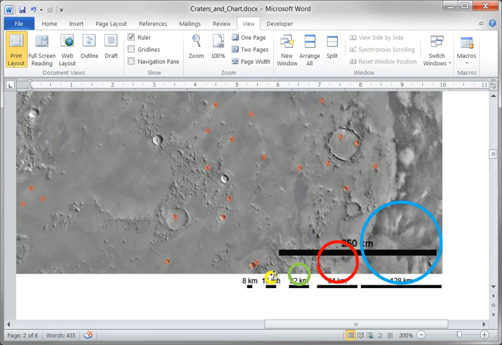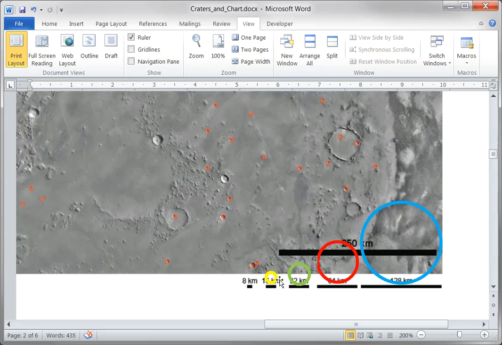The yellow circle is for the 8 to 16 kilometer range. The green circle is 16 to 32. The red is 32 to 64, and the blue is 64 to 128 kilometers. Any crater greater than the blue circle you do not need to measure.